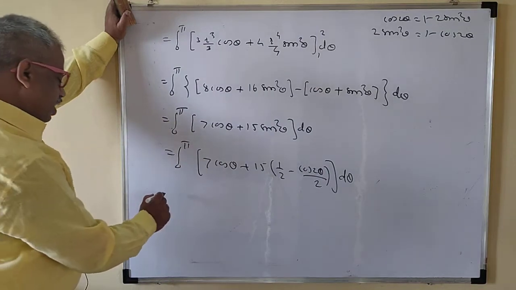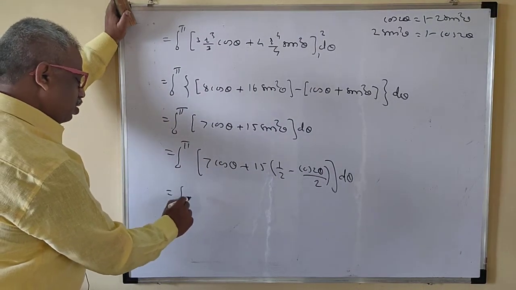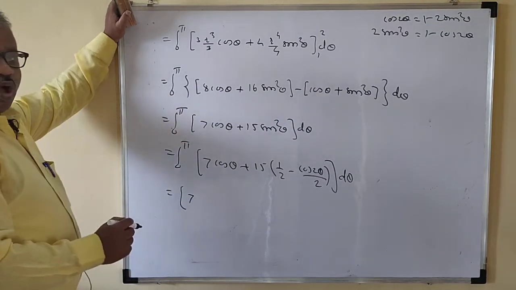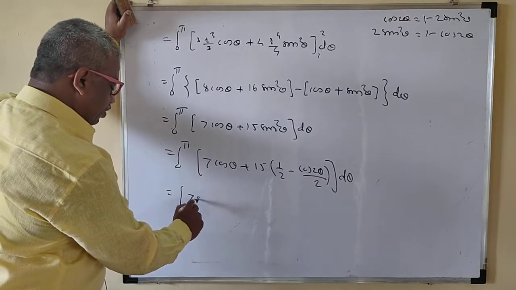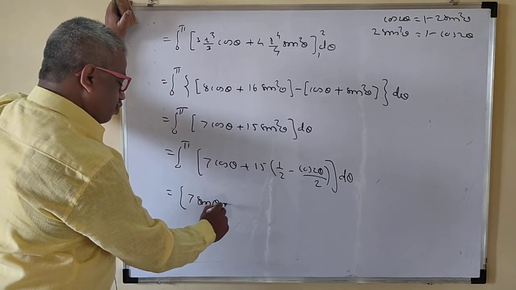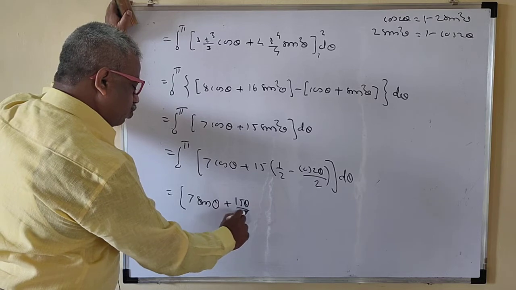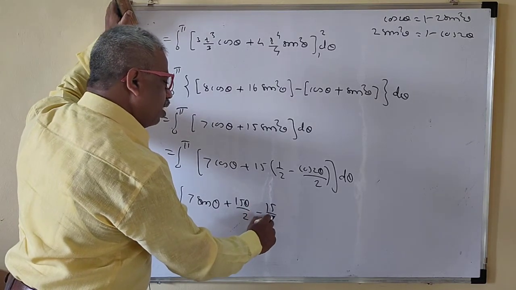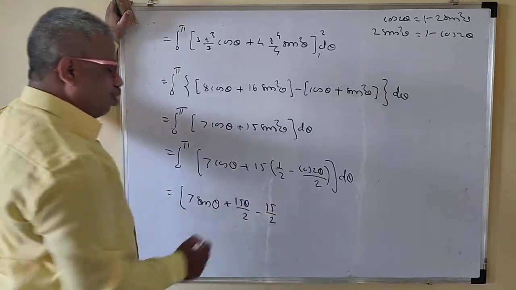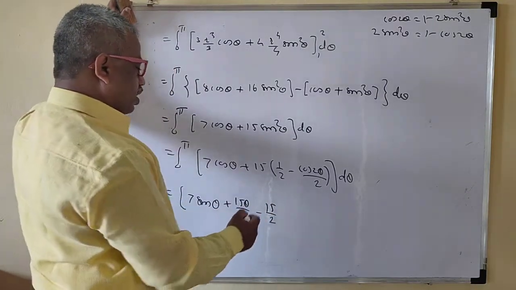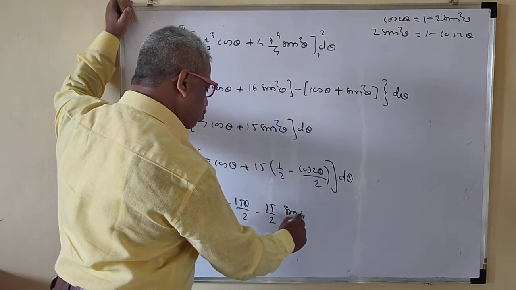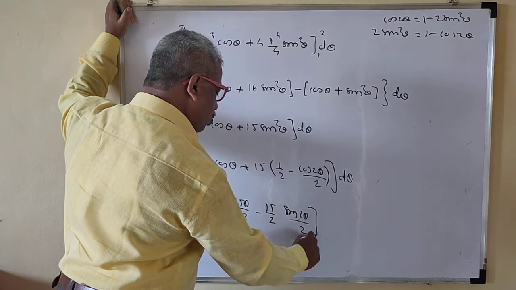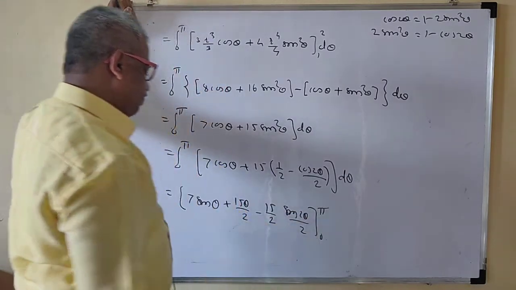Now each term is integrable. Integration of 7 cos theta is 7 sin theta, plus 15 theta by 2, minus 15 by 2 times the integration of cos 2 theta, which is sin 2 theta upon 2, from 0 to pi.